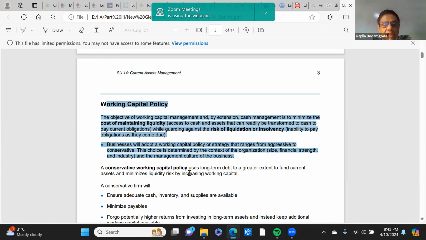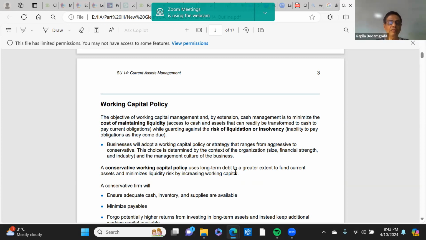So, with a conservative working capital policy, an organization uses long-term debt to a great extent to fund the current assets and minimizes liquidity risk by increasing working capital.